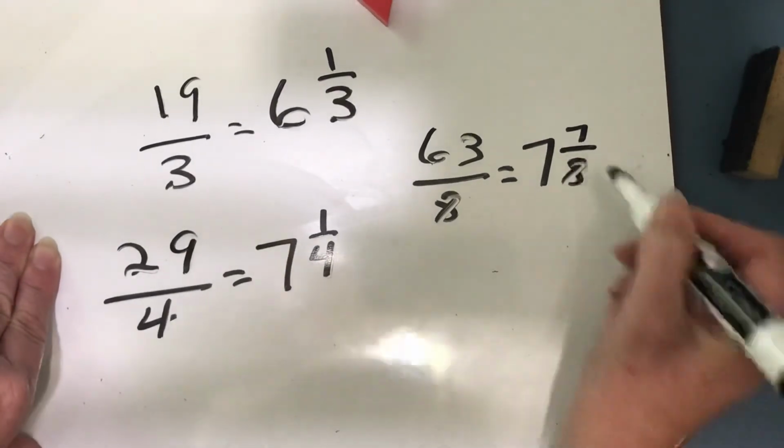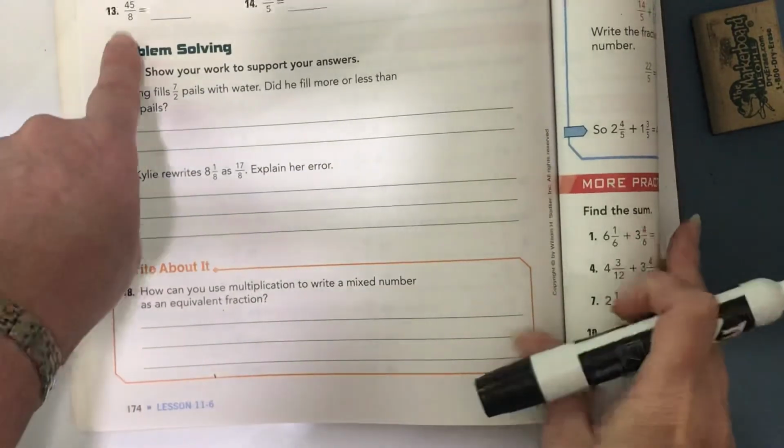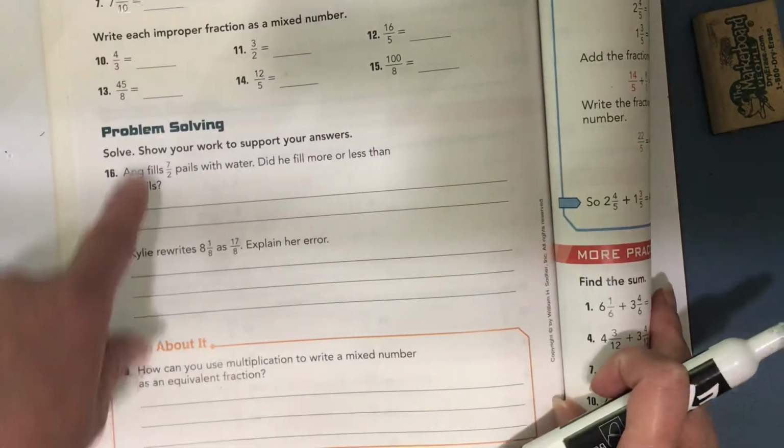7 7/8. So you're going to do workbook page 174. You've already done the top part. So you're just going to finish the page, 10 through 18. So in 10 through 15, you're writing the improper fractions as a mixed number. Remember, you just divide.